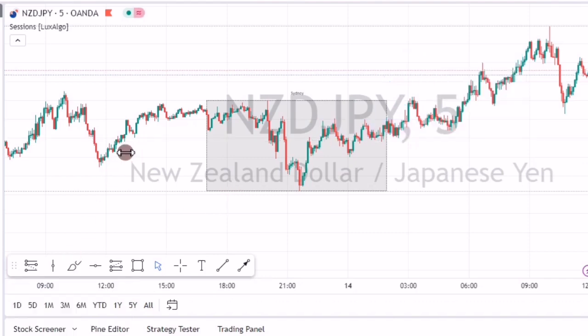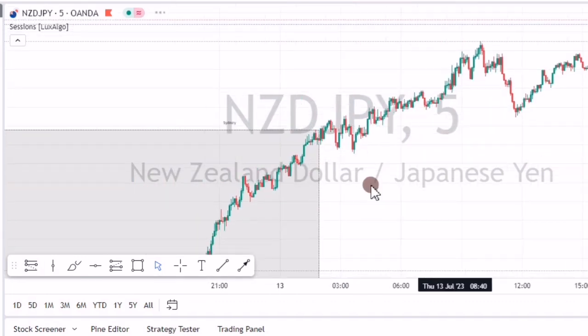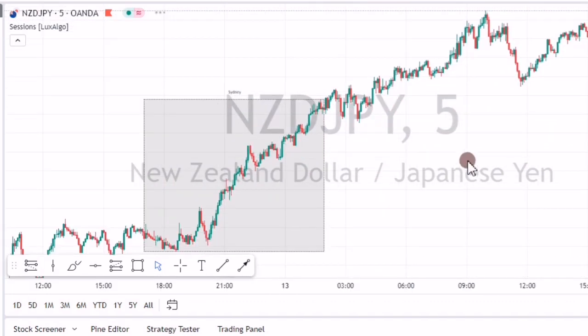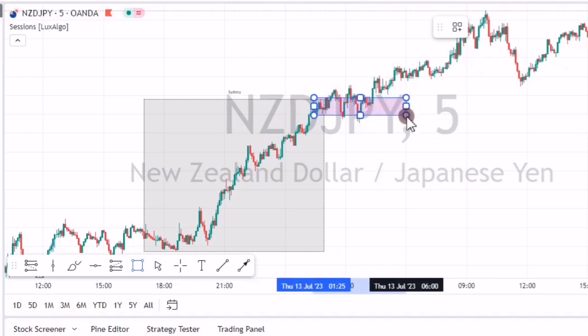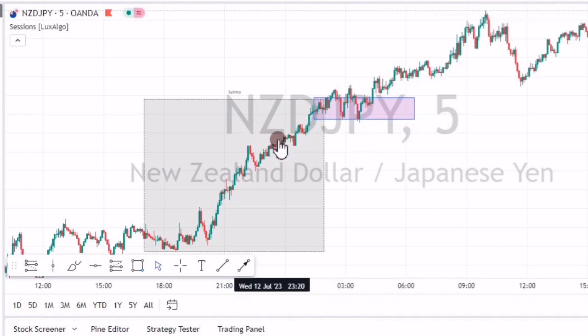Maybe I can scroll back once more to show you on a different page. So what you have right here, you highlight the key level around the last candle of Sydney. You highlight that region, and then you wait for the first major breakout. It should be a clear breakout. You can even wait for a full candle.